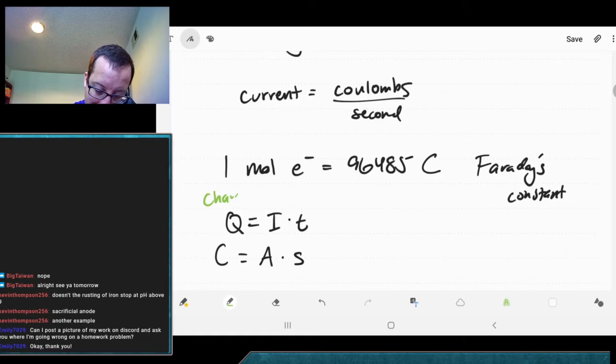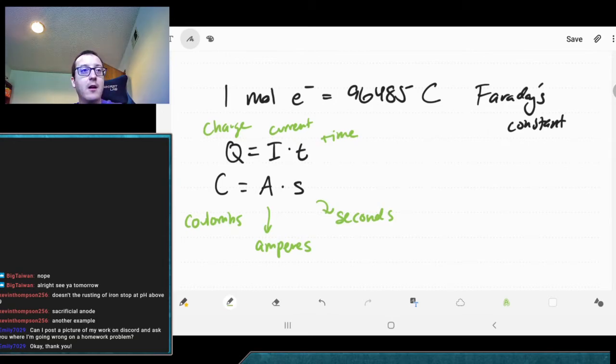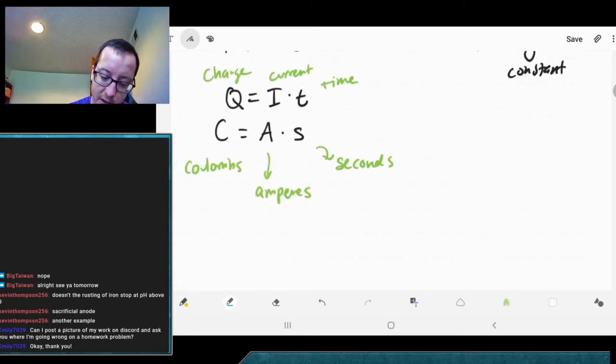So charge, current, time: coulombs, amperes, that's current, and then seconds. We can see how much. So let's go ahead and see this in action here.